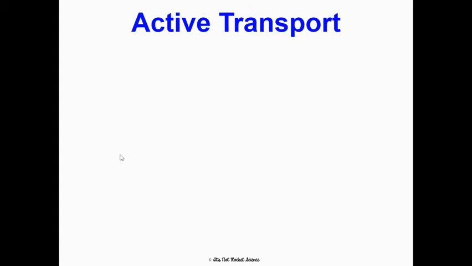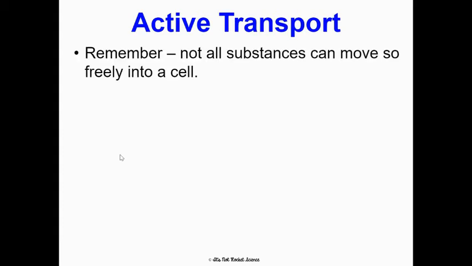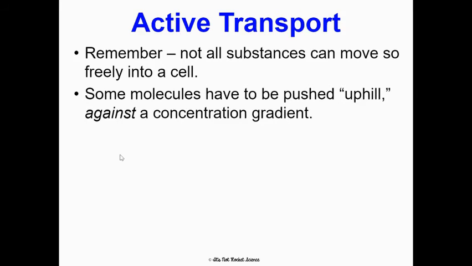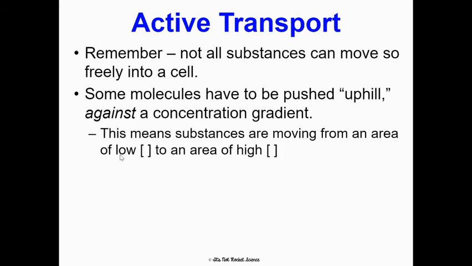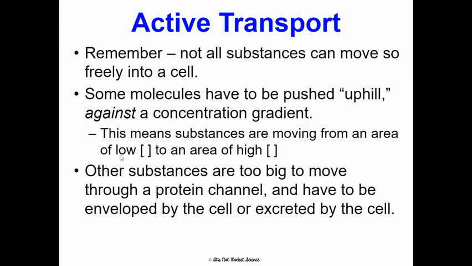Okay, moving on to active transport. Remember, not all substances can move so freely into or out of a cell. Some molecules have to be pushed uphill against a concentration gradient, so they have to be packed in more closely together. This means substances are moving from an area of low concentration to an area of high concentration.